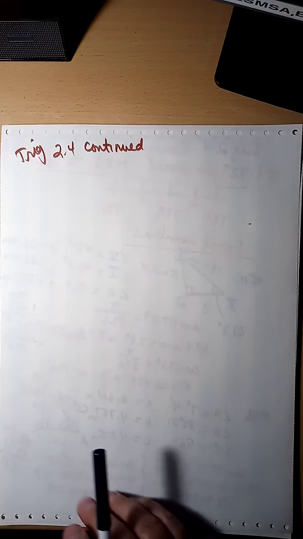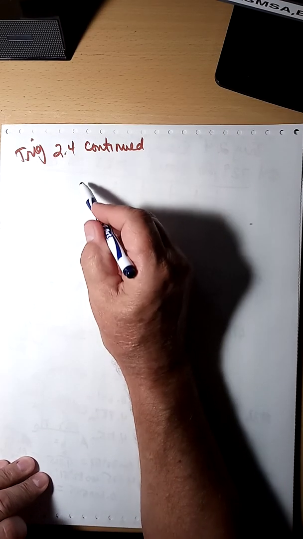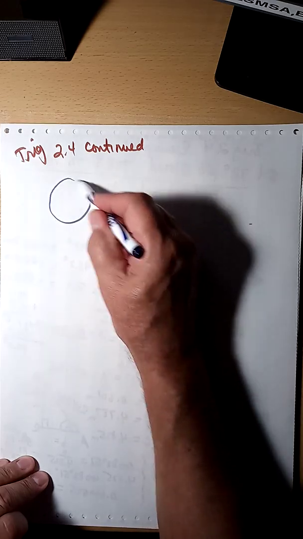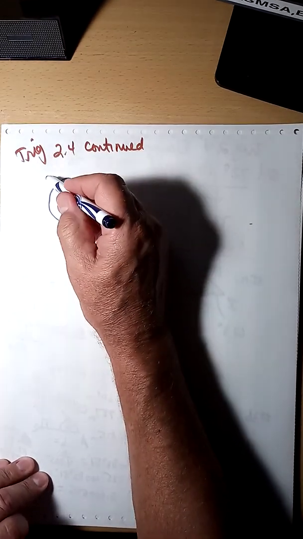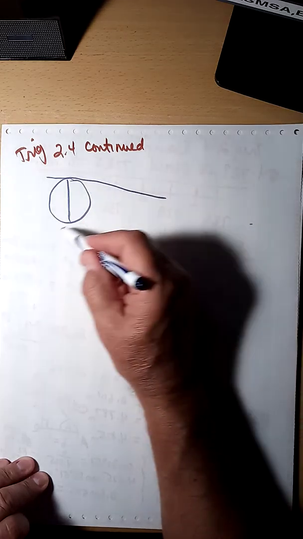Let's suppose that your good friend said, gosh, I need to know the diameter of the sun. And you said, well, I don't know, we've got to have some information.